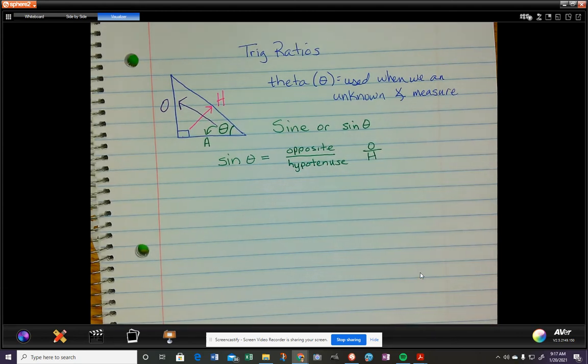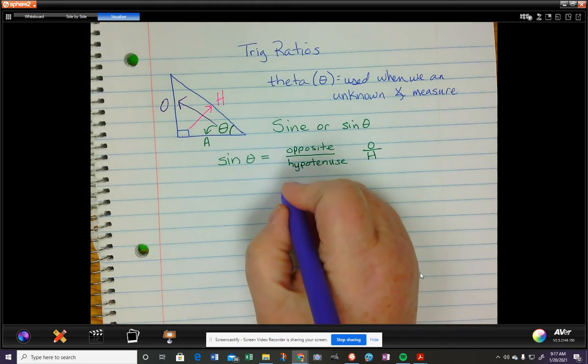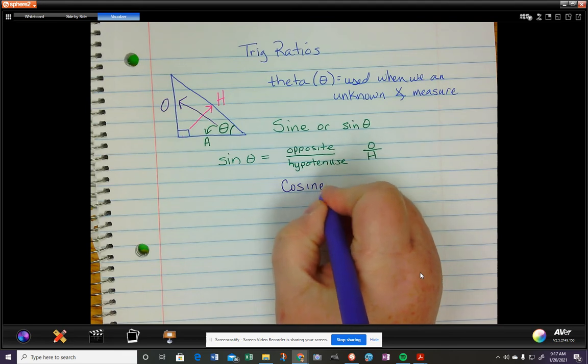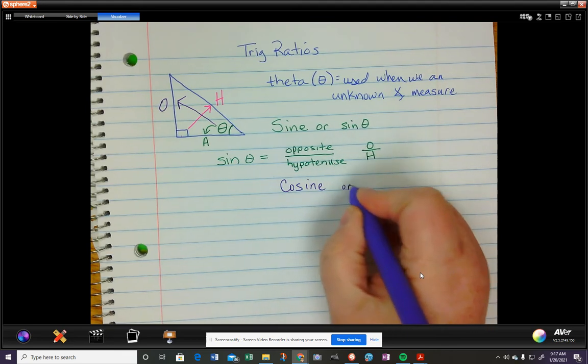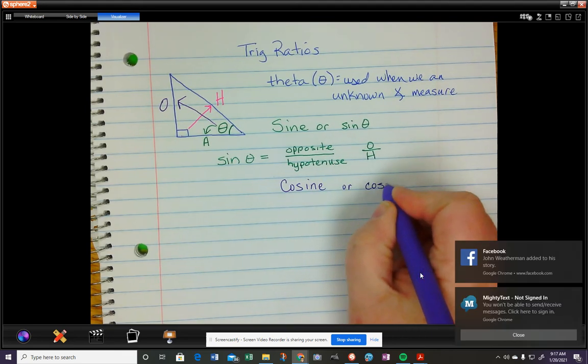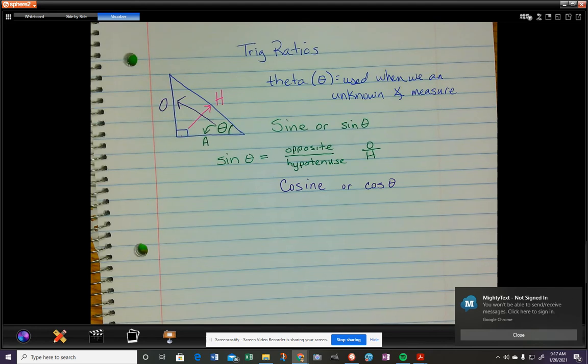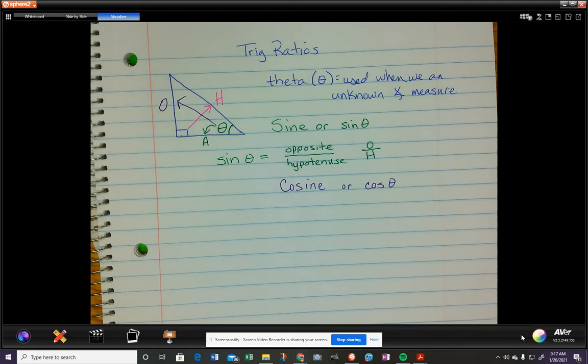Okay? The second one we're going to talk about is cosine, or cosine theta. Let me close those little windows out.